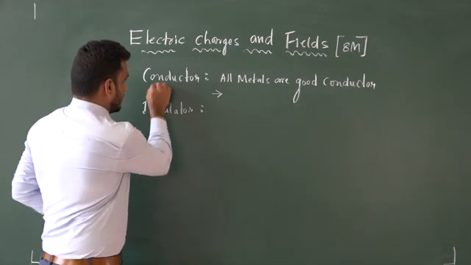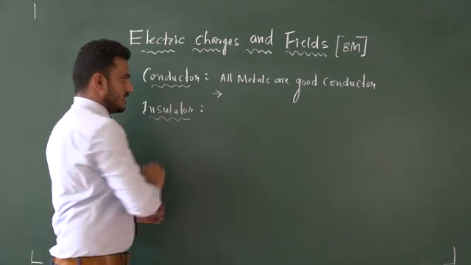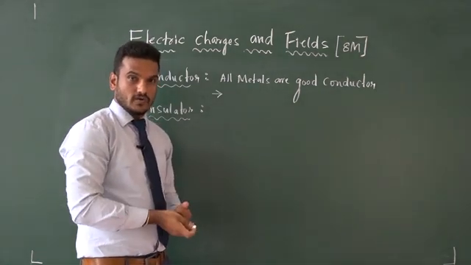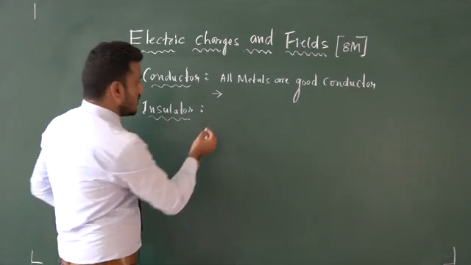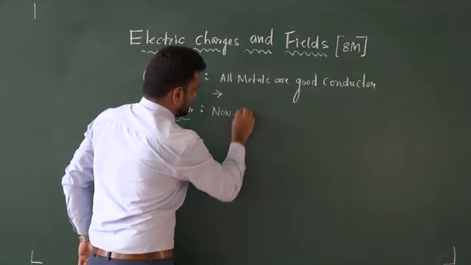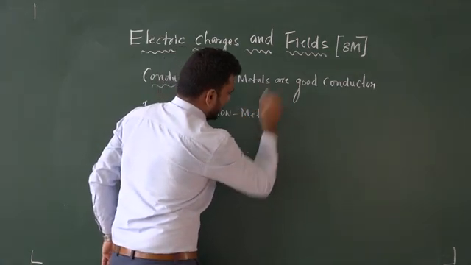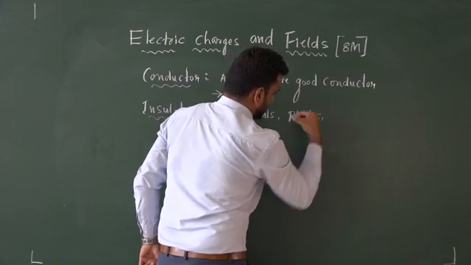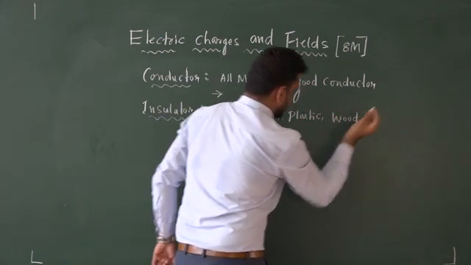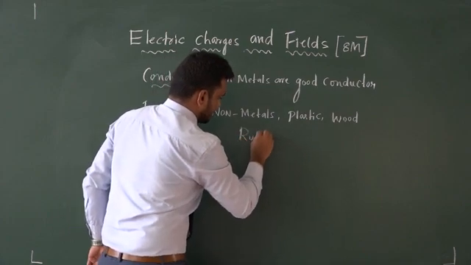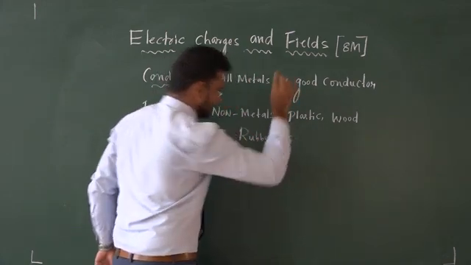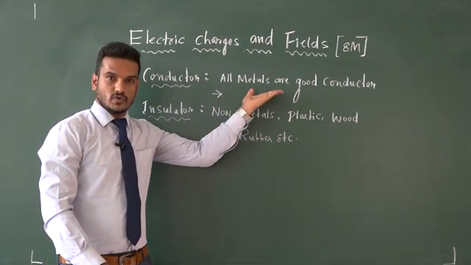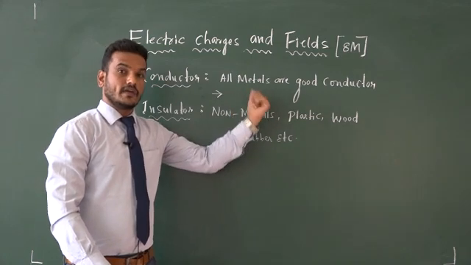And then the insulator, the next one. The substance through which electric charge cannot flow is called an insulator. Non-metals like plastic, wood, rubber, etc. Conductor means the substance through which electric charge can flow easily.